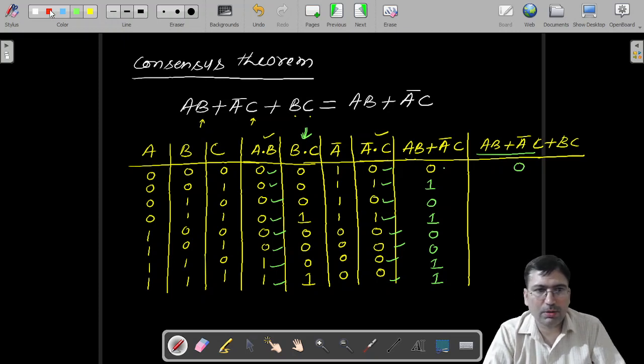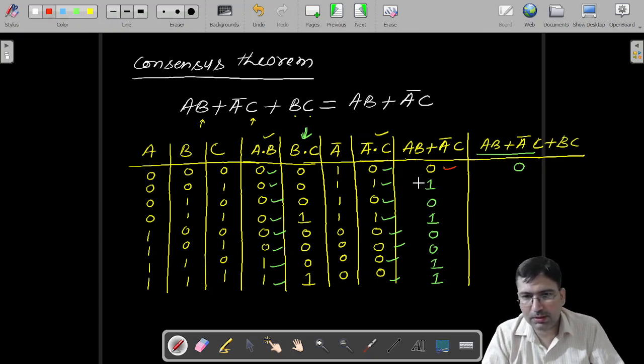Now this is 1 and this is 0, so it will give us 1 only. Now this is 0 and this is 0, so this is 0. This is 1 and this is 1, it is 1 only. This is 0, this is 0, so 0 only. This is 0, both are 0, so 0 only. 0 and 1 will give us 1 and 1 1 will give us 1.